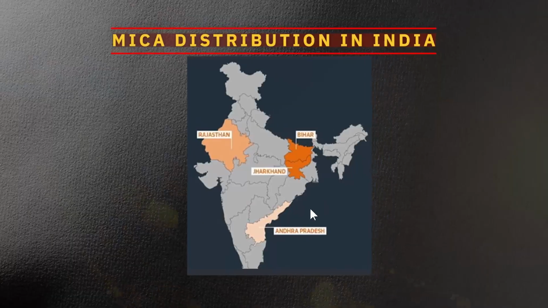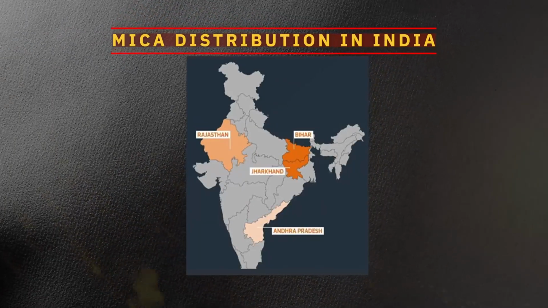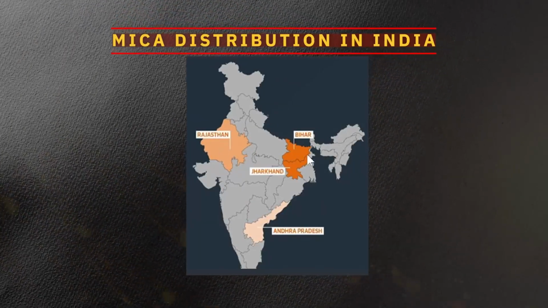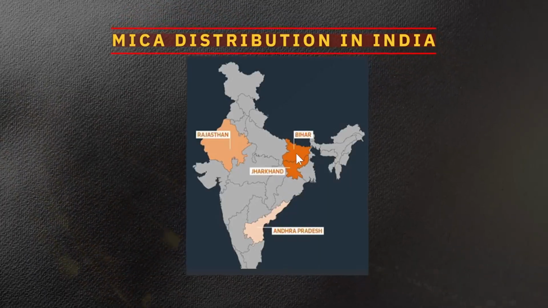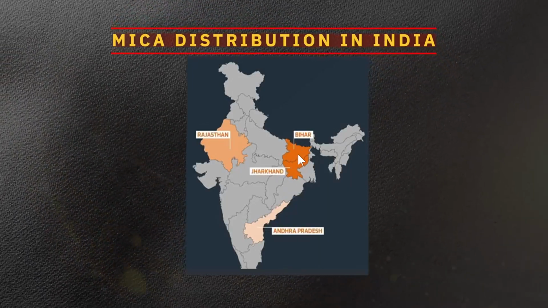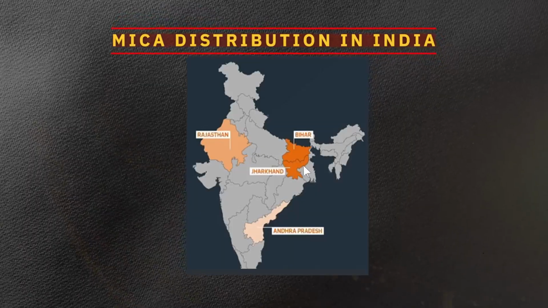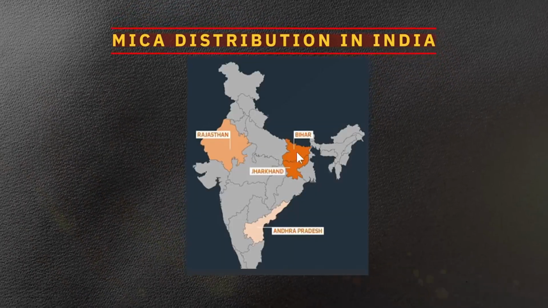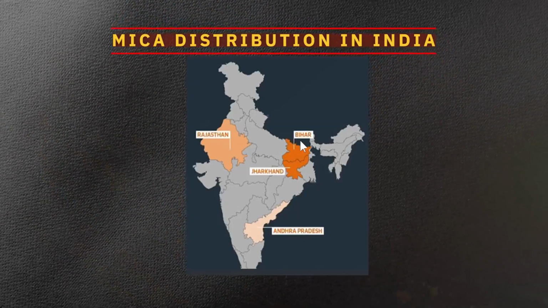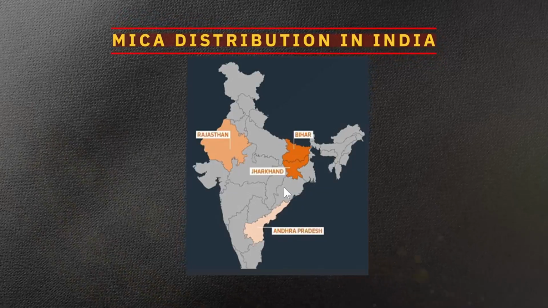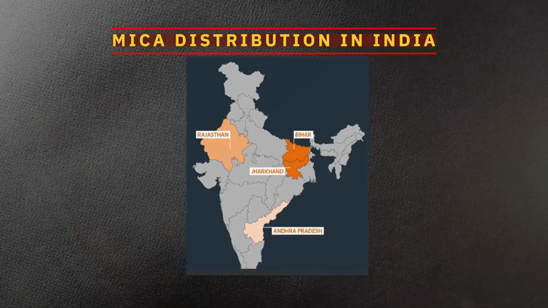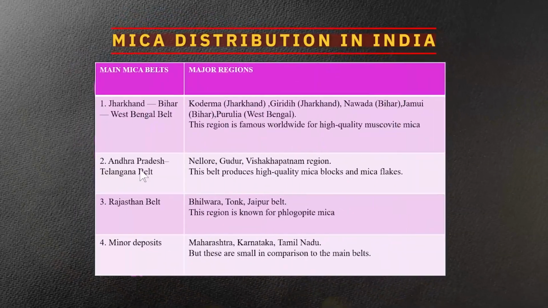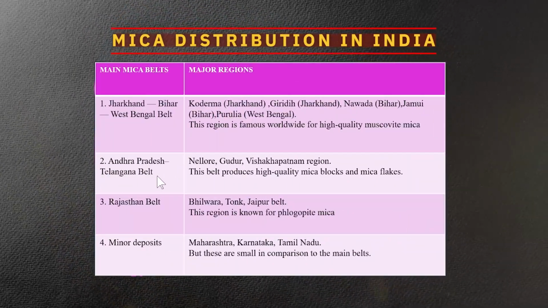Now, if we look at the map where this Jharkhand, Bihar, West Bengal belt occurs, it is mainly located in this part, which is mainly concentrated in Bihar, Jharkhand, and the western part of West Bengal. This is the first belt where the major production of mica reserves is present. Now, the number two belt is the Andhra Pradesh Telangana belt.